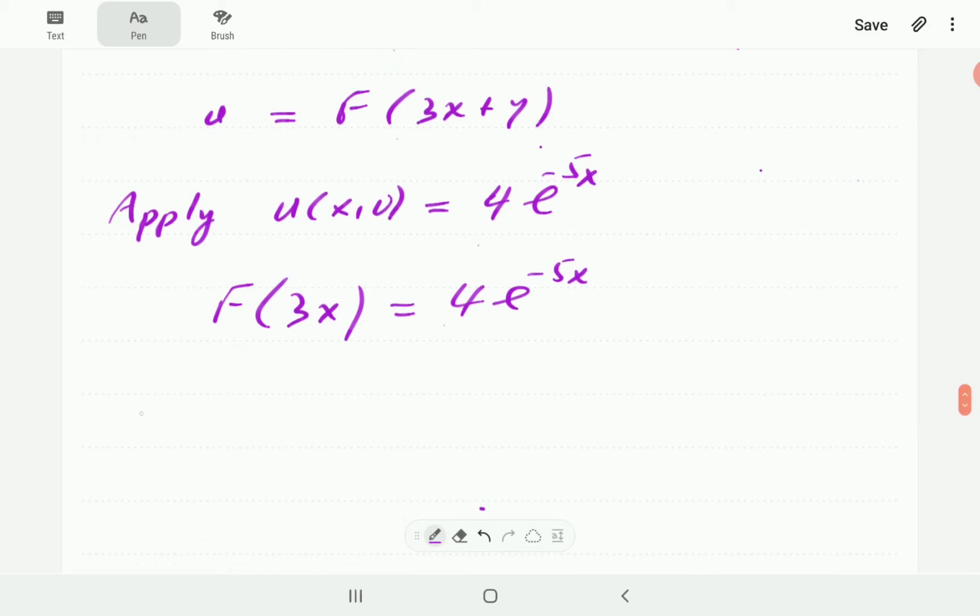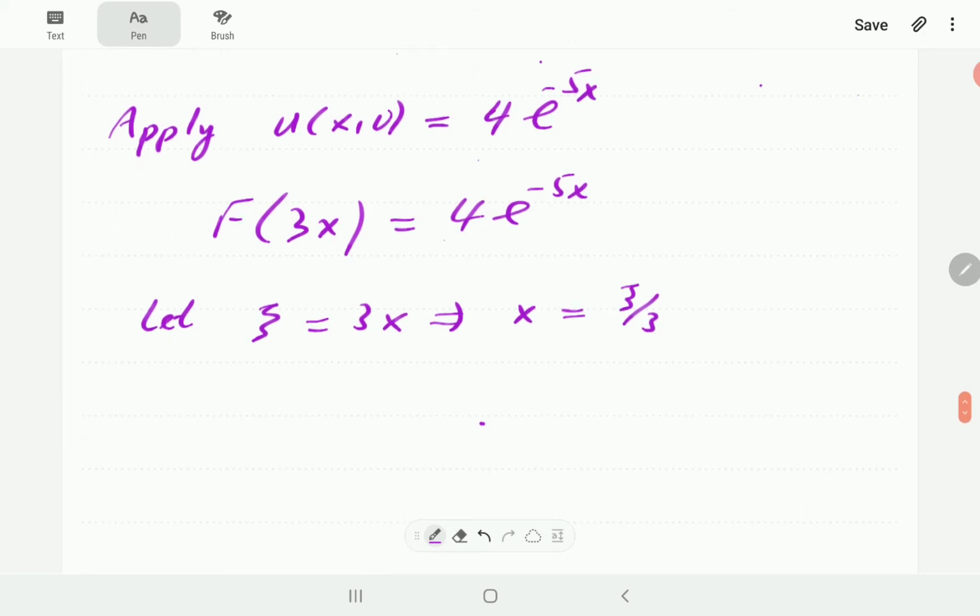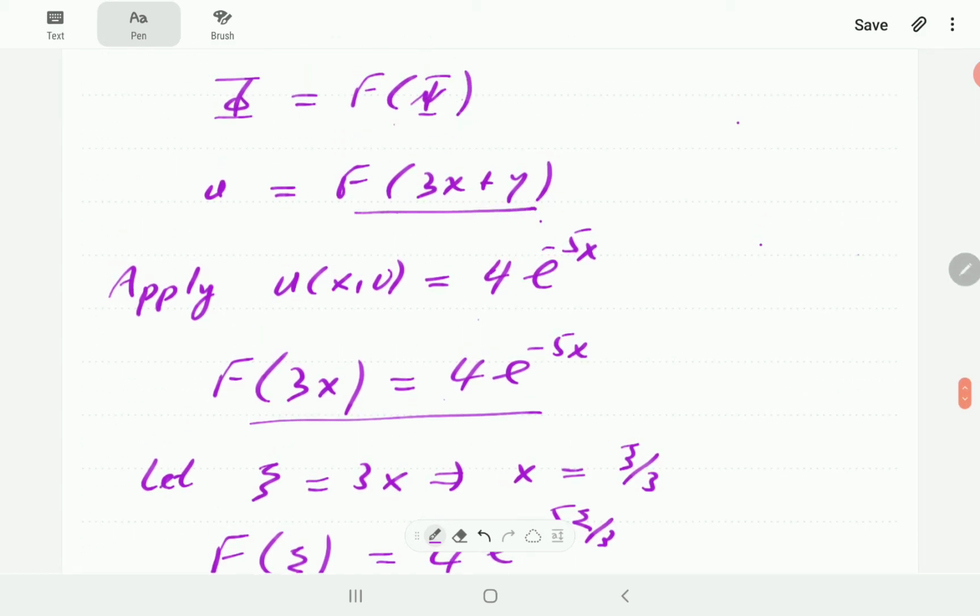Then here, if we let xi be 3x, then x is xi over 3. Then this equation is f of xi is 4e to the minus 5 xi over 3. So that gives us the functional form of f here.